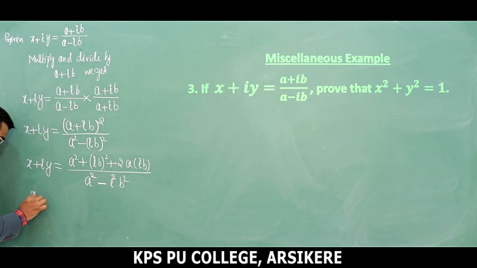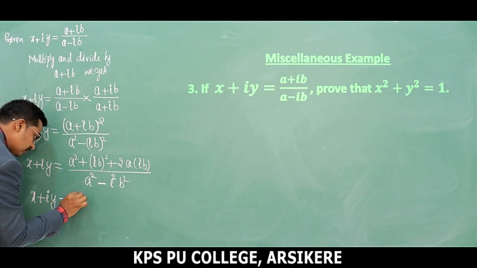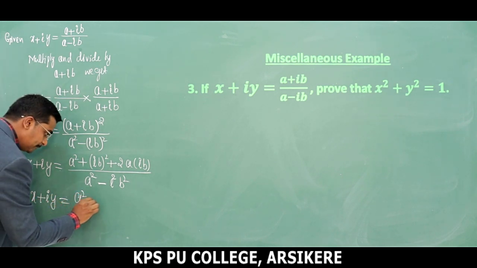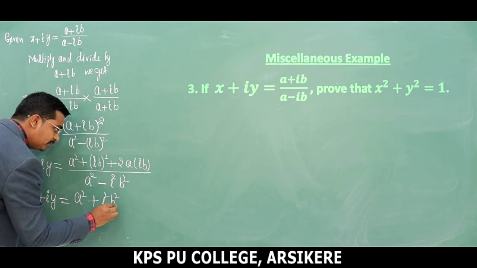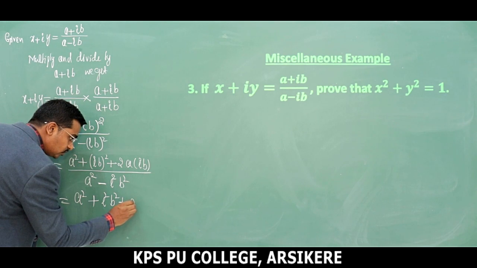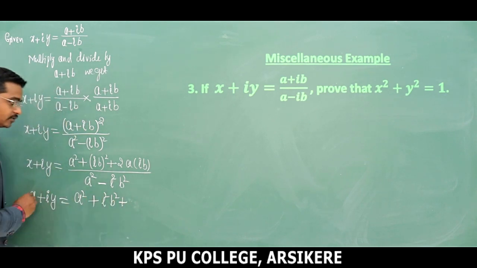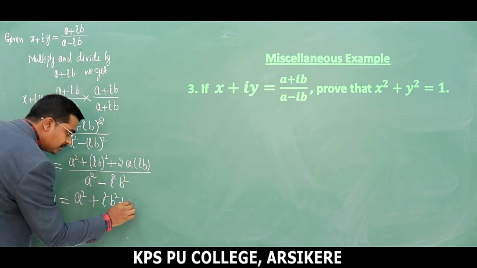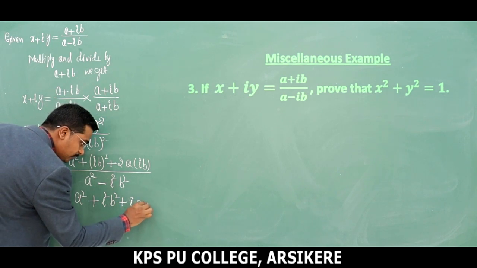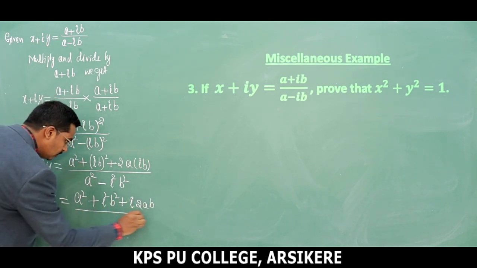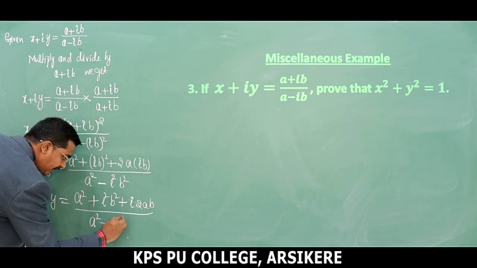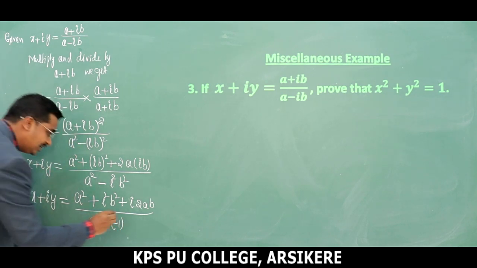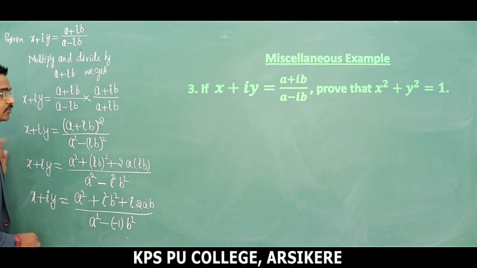This becomes x plus iy is equal to a square plus, here also ib whole square can be written as i square into b square plus 2a into ib, that is i into 2ab, whole divided by a square minus i square value, which is minus 1 into b square.